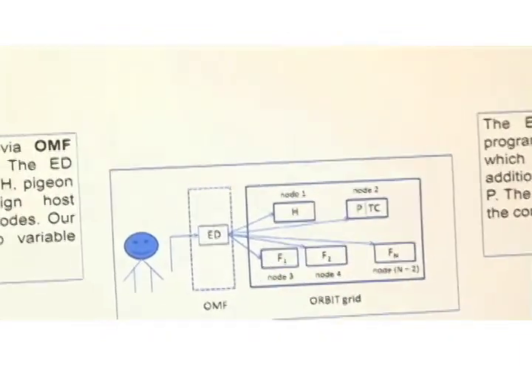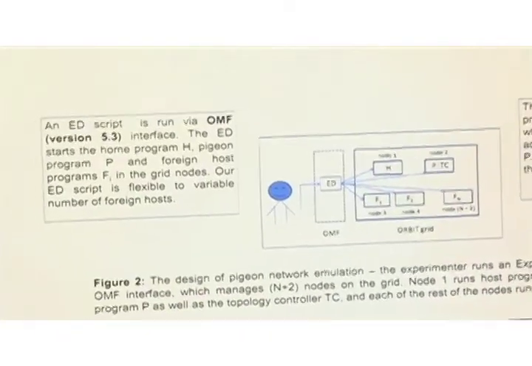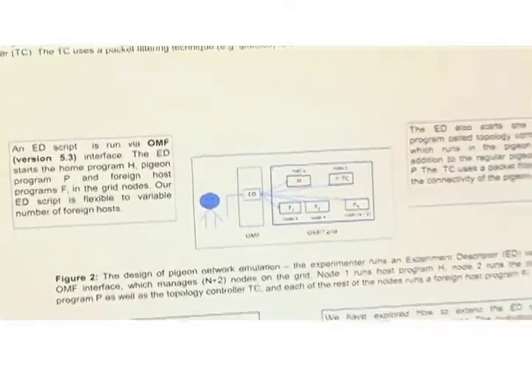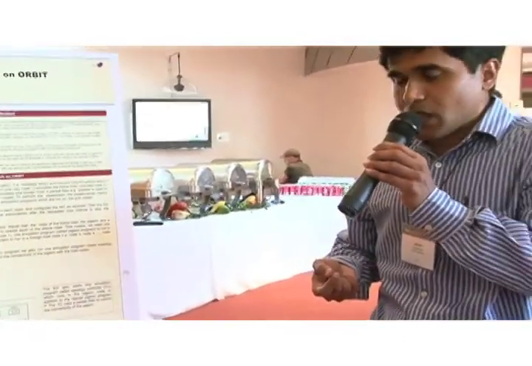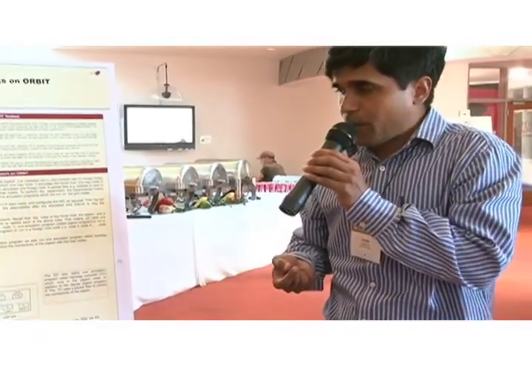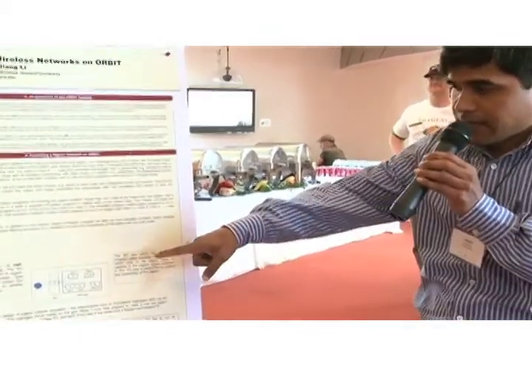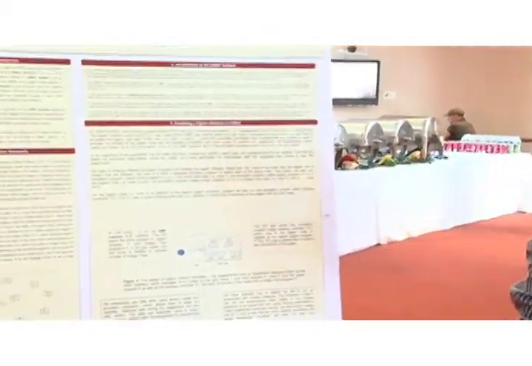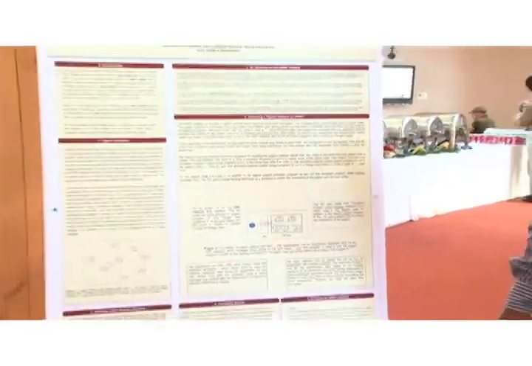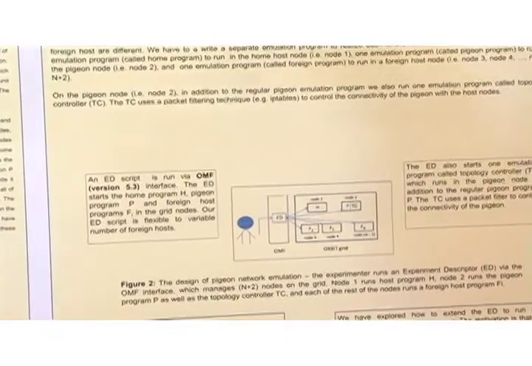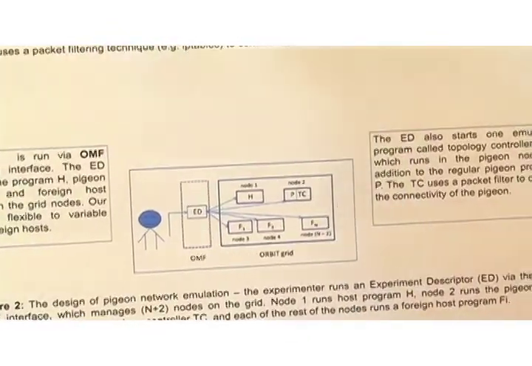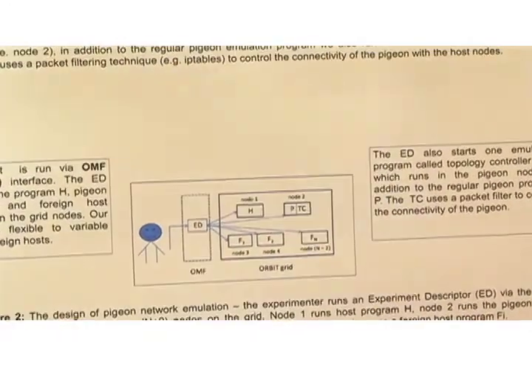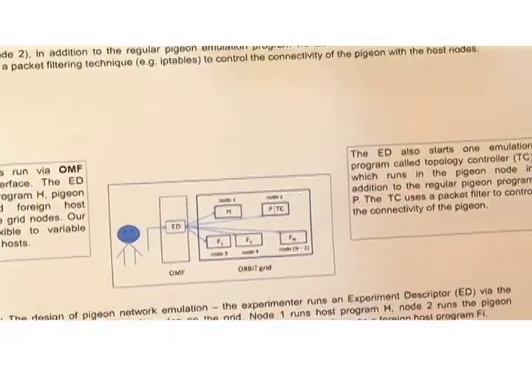Another important thing I should mention here is how we emulate the mobile message carrier. We do it by packet filtering. One node on the testbed, which is the PGN node, has two programs. One is the PGN program and another is the topology controller program. And that topology controller program uses a packet filter to emulate the mobile PGN.